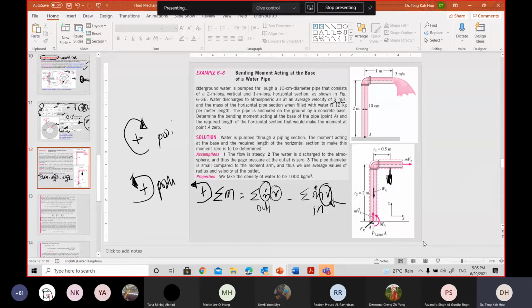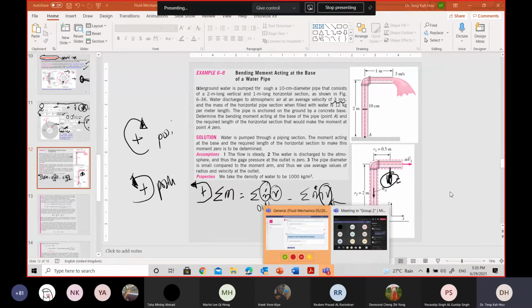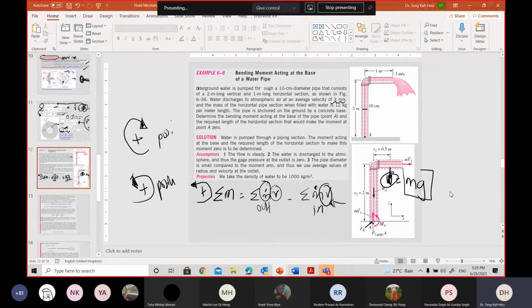Okay, but the difficult part would be, what is W? Where is the weight? Can someone tell me, what is the formula for the weight? G. Yup, mg. So from here, you can use the mg, but bear in mind that your mass is in kg per meter.